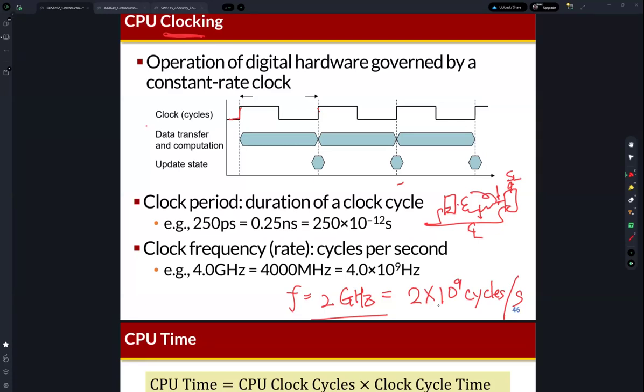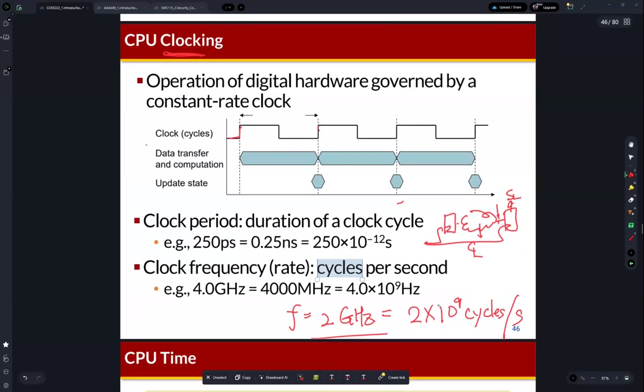Do you understand? So clock frequency is critical. It's just an assumption, and I mentioned that this is not true. But if the clock frequency is high, then we can expect that a CPU can execute more instructions per unit time. That's why the clock frequency is critical for the performance of the CPU.